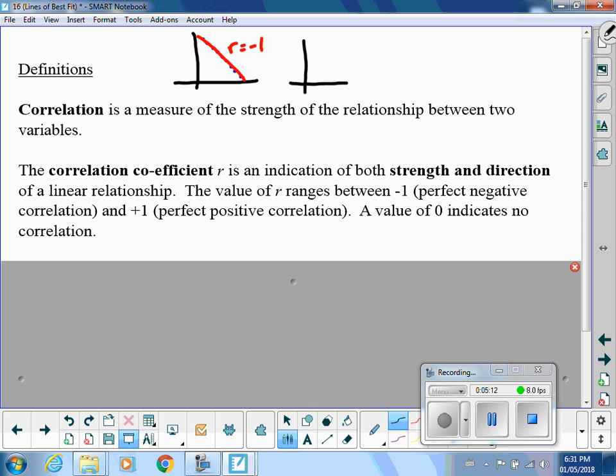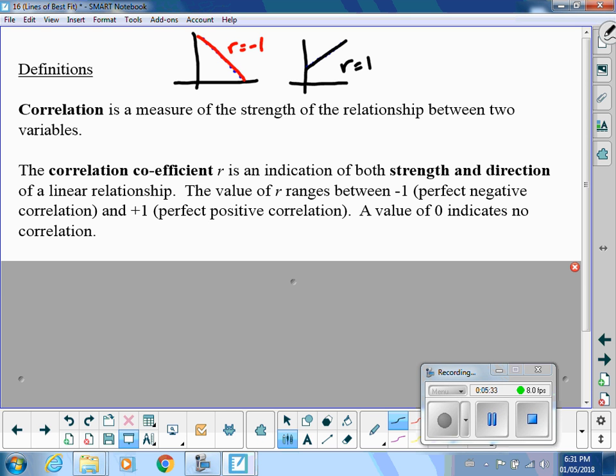So you can probably imagine that perfect positive is just going the opposite direction. All the dots line up in a straight line, and it goes up. So R equals 1. That's a perfect positive correlation.